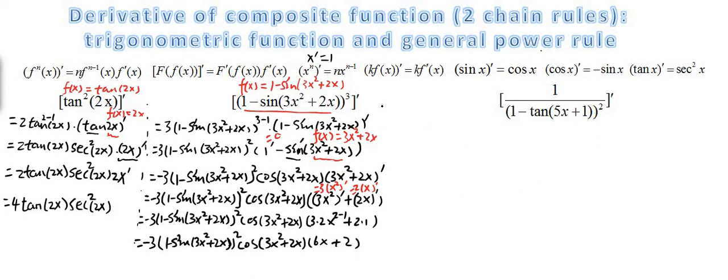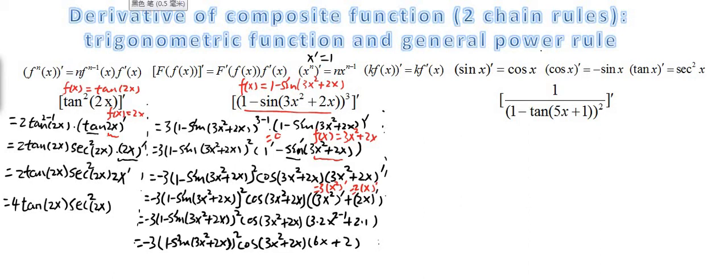Now let's take a look at the last one. For the last one, we have a rational expression, and how to convert this guy to the general power rule format?